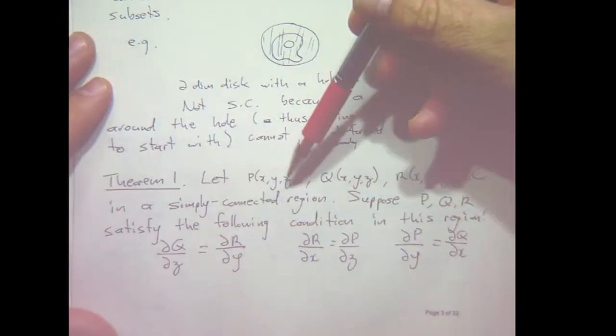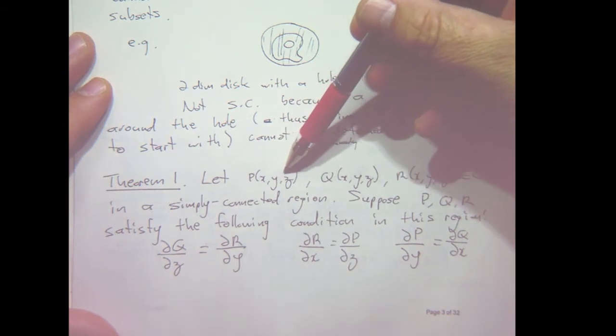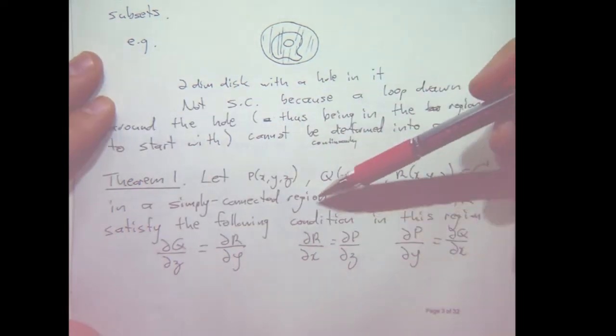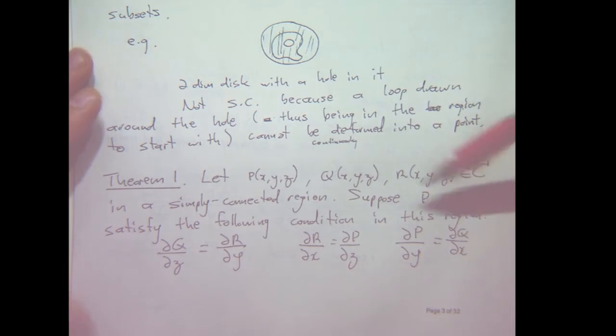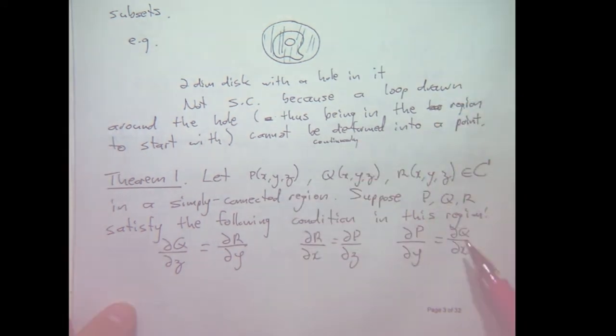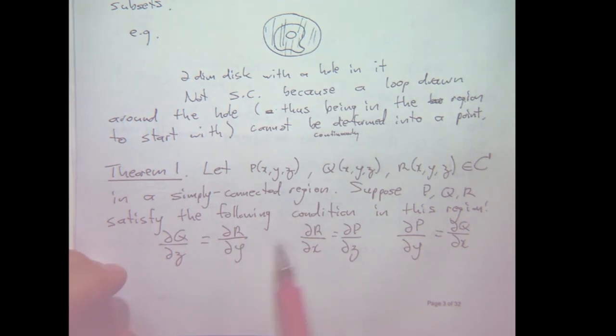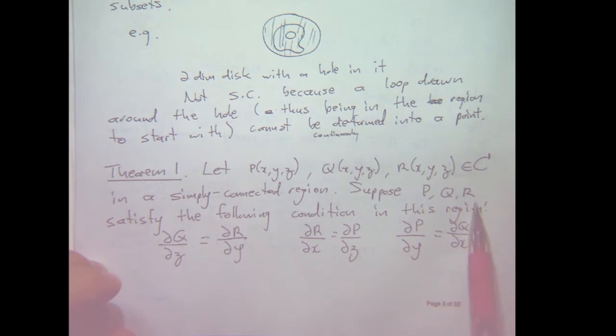Now, suppose we have these three functions, p of x, y, z, q of x, y, z, r of x, y, z, in a simply connected region. Suppose p, q, r satisfy the following condition inside this region. So dq by dz equals dr by dy, dr by dx equals dp by dz, dp by dy equals dq by dx.